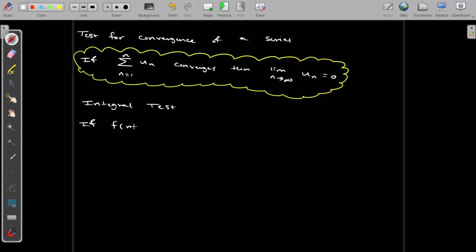So if f of n is equal to, all right, which one should I use?